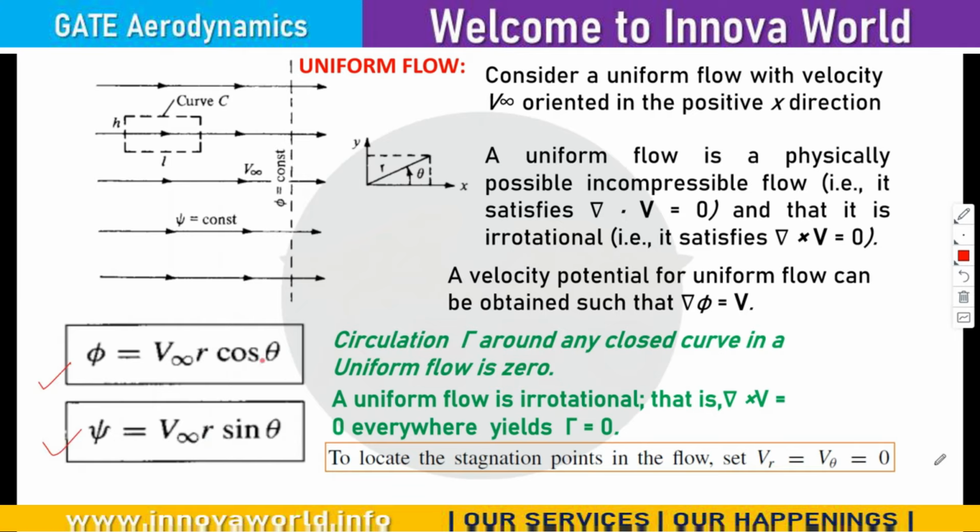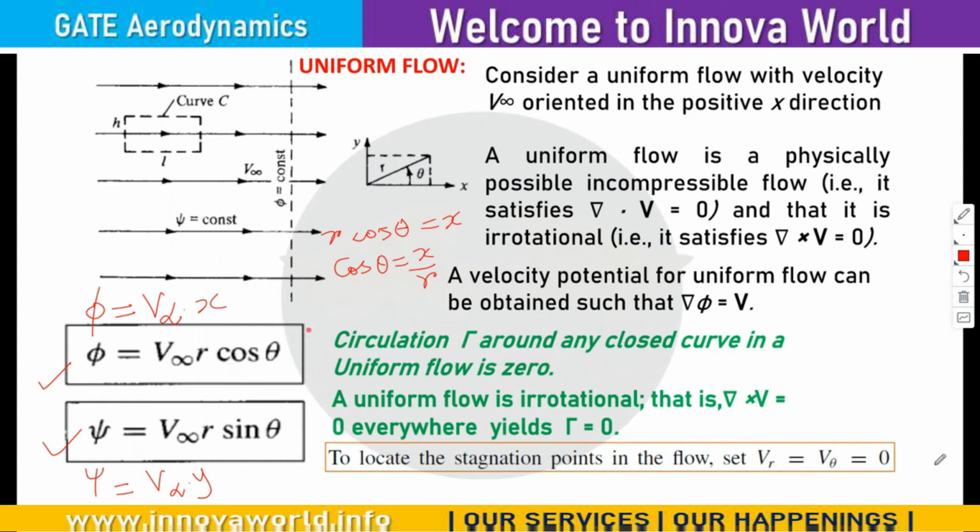Now if we have to write in Cartesian coordinates, what will be the formula? Psi equals to V infinity into y, and for the velocity potential it will be V infinity into x. That means from here you can easily obtain that r cos theta equals to x. That means cos theta equals x by r.